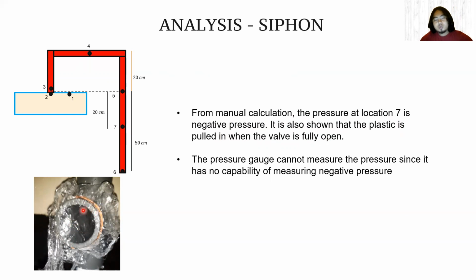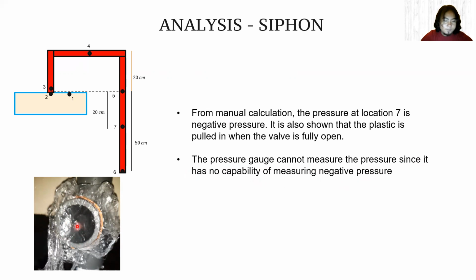Initially, we wanted to use a pressure gauge in this location. However, the pressure gauge can't measure the pressure since it has no capability of measuring negative pressure. So, as the supervisor suggested, we use this.